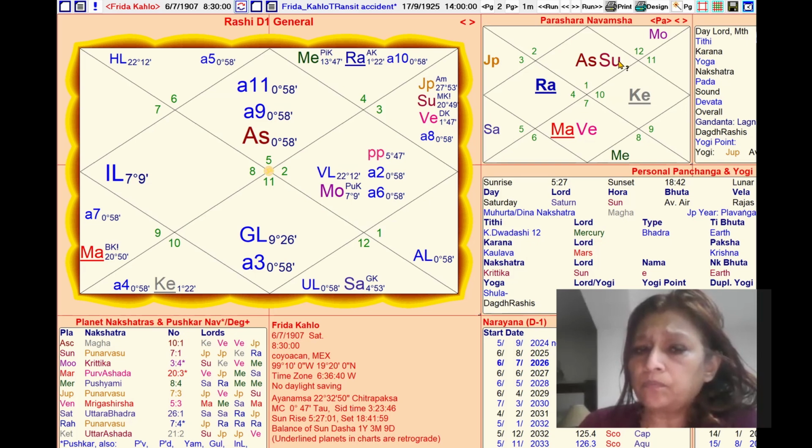And the sun in the 11th house also supported the fame, because she became very famous even while she was alive. All of that was after the painting. And the husband that she had was also a big artist.